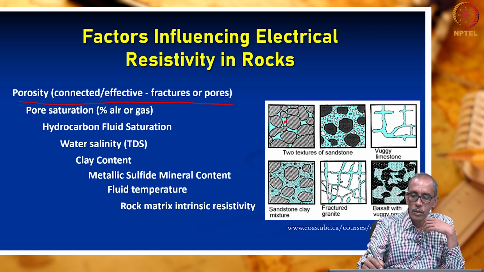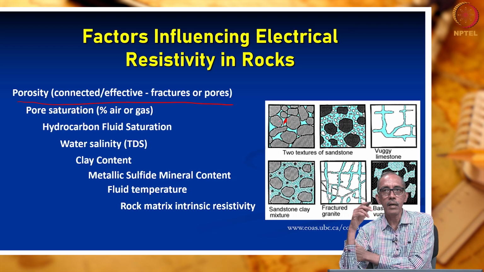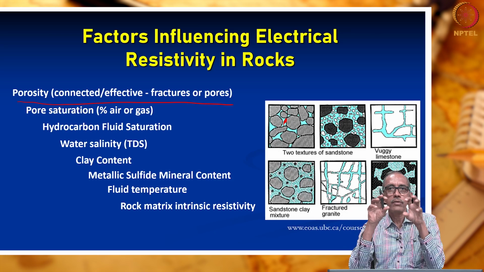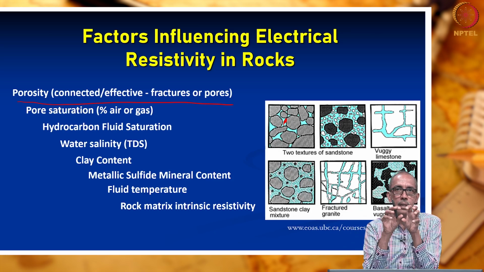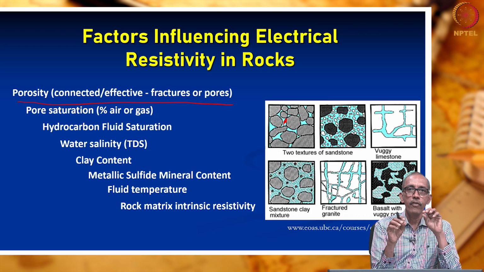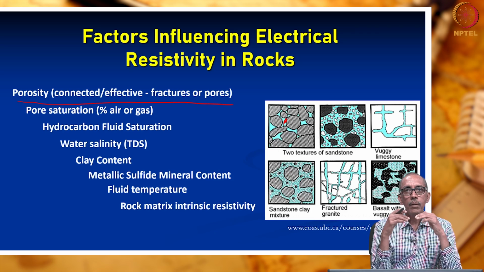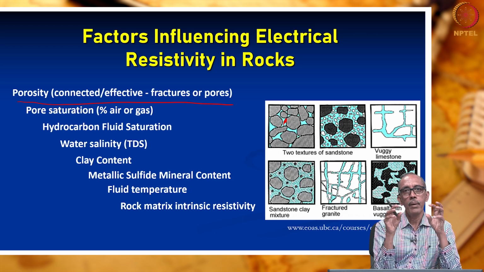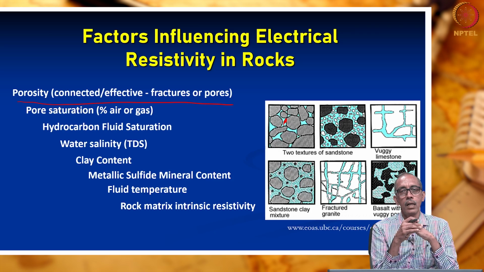Here in this picture you can see the blue zones are pores. The pores are nothing but voids; you have some mineral grains, and between the mineral grains there are some voids. If the voids are filled with air, the resistivity will be more, right? On the other hand, if the pores are filled with water, resistivity will be less.